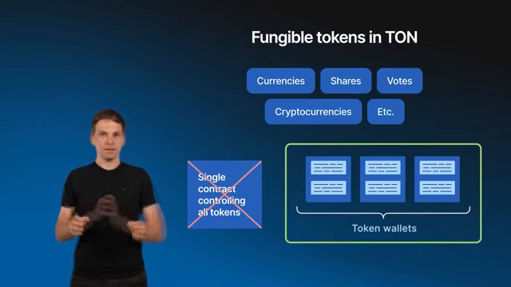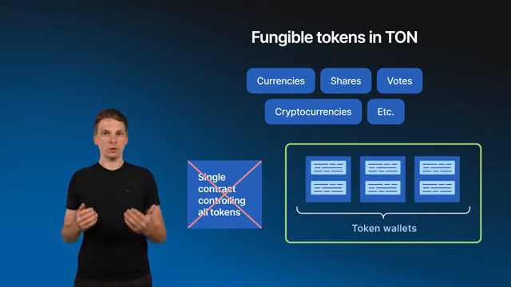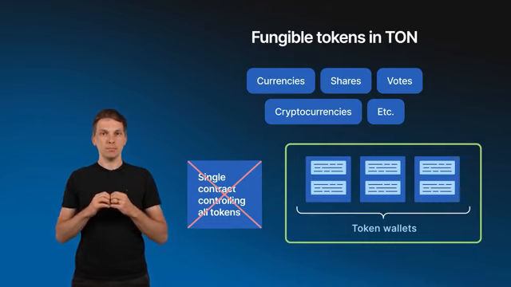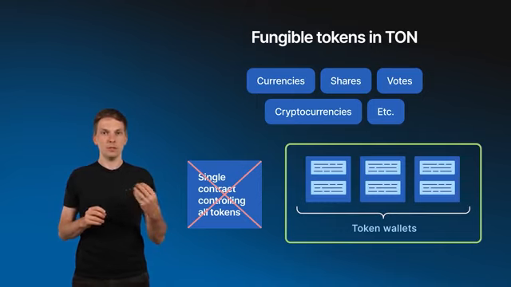How does it work? Unlike some other blockchains, in TON, you don't have the single contract that keeps track of all the accounts that own portions of the token or the units of the token. Instead, there is a multitude of independent contracts with the same code that are called token balances or token wallets, and every user's wallet communicates directly with their own token wallet.